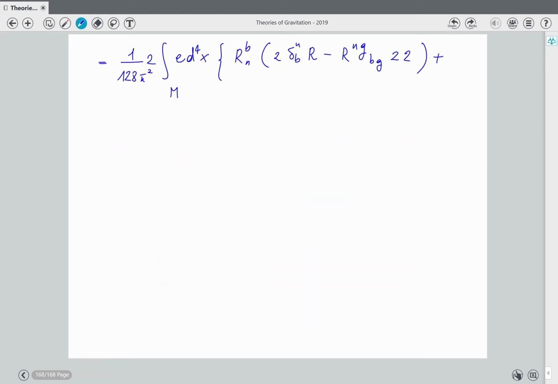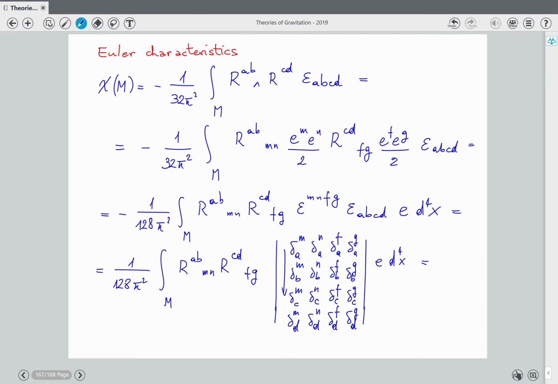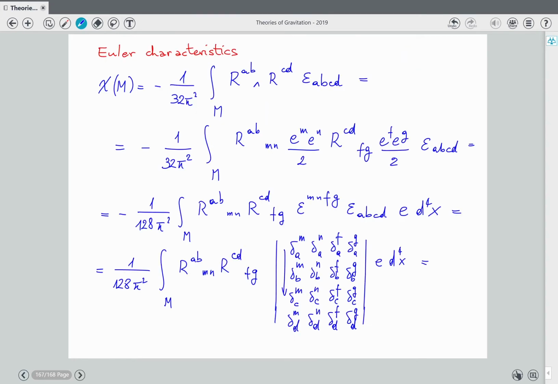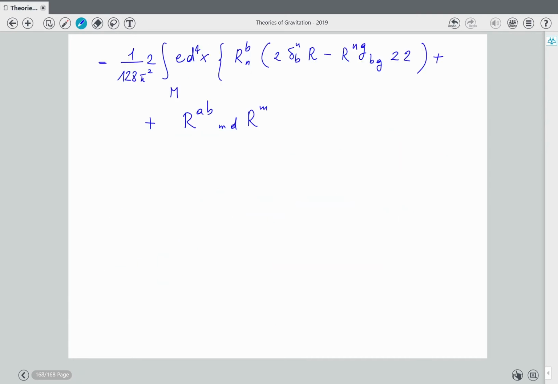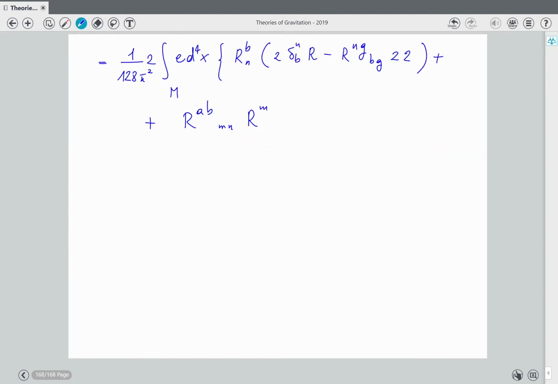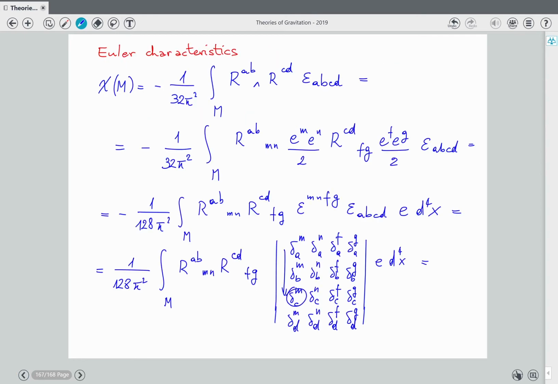So let's write what we get. R, we put M equal to C, AB, MD, R, M, MN, not MD, R, MDFC, G. So we have contracted these two. Now we want to see what we obtain.